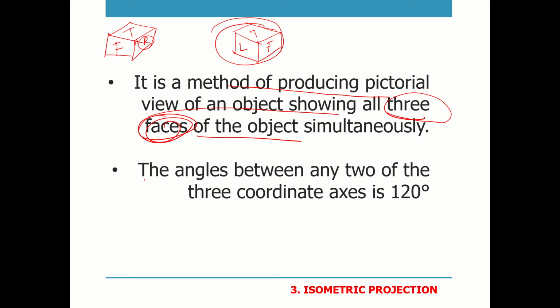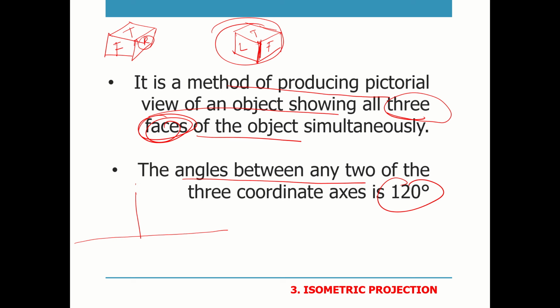And the rule is all the angles should be within 120 degrees. What is that 120 degrees? Suppose this is a baseline, and we have one face. Let me draw it here.